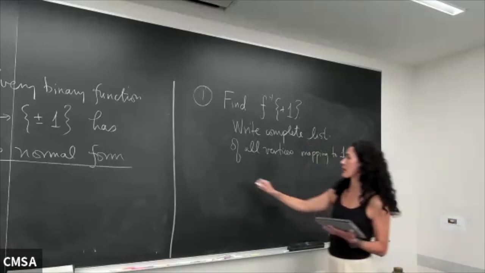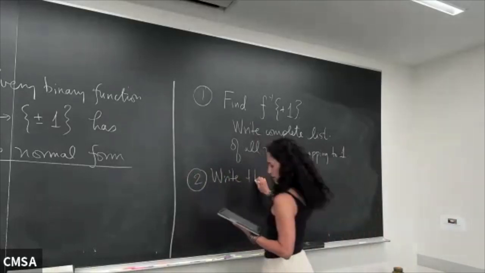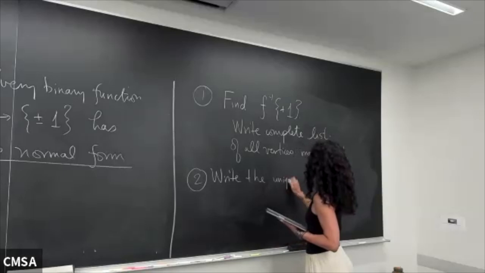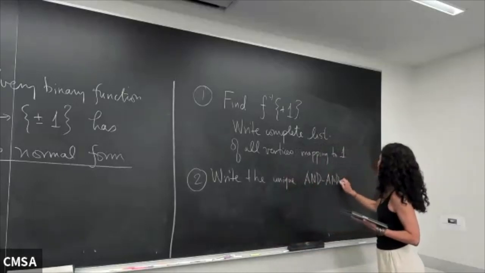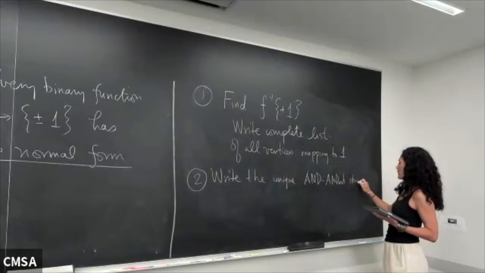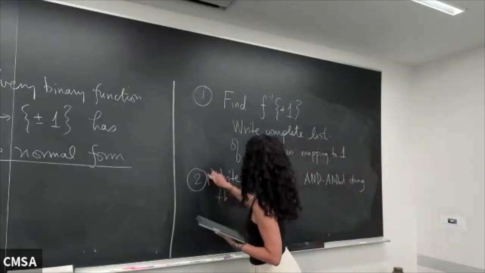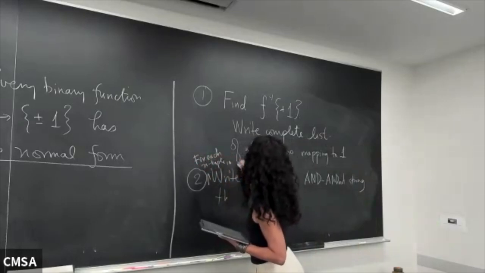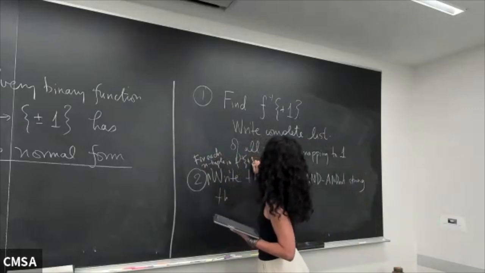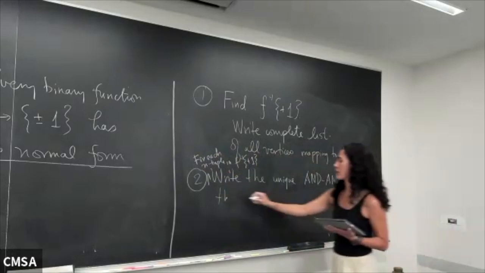Okay, so the second step is to write the unique and-not string. So for each n-tuple in the pre-image of 1, write the unique and-not string.